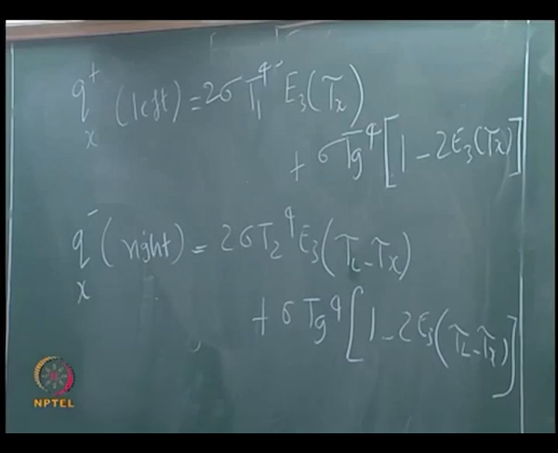Heat flux is a vector, correct? What is the direction in which this fellow is coming? He is coming from left to right or right to left? Right to left. Therefore, if you want to have the net flux, you have to take Qx left minus Qx right.